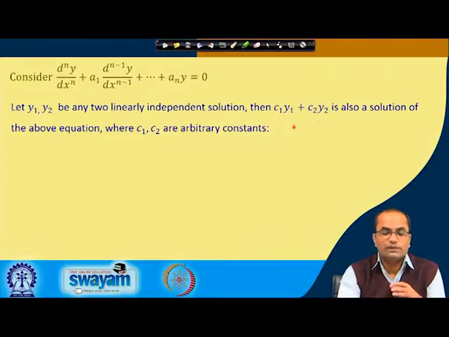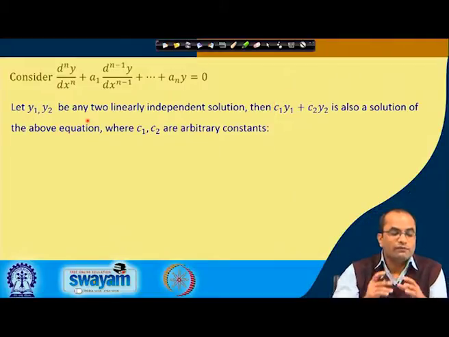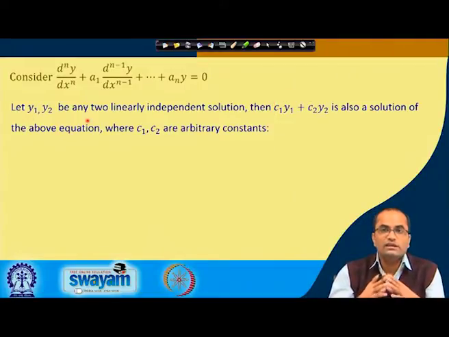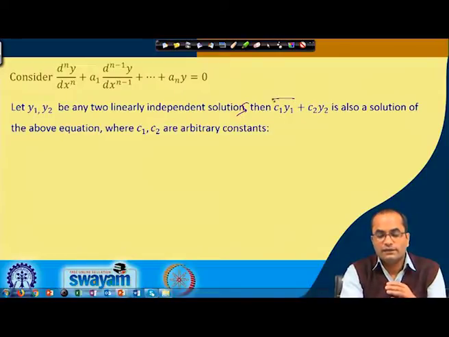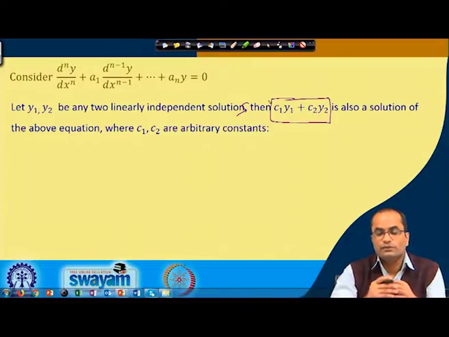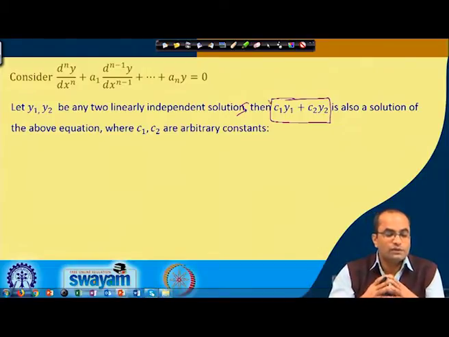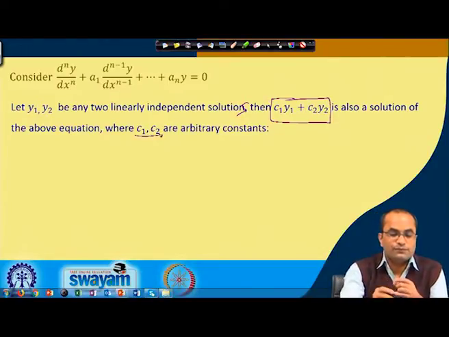So, this will not make much sense. So, here y 1 and y 2 are two linearly independent solutions, and then c 1 y 1 plus c 2 y 2 is also a solution of the above equation, for any arbitrary constants c 1 and c 2. This we will see now.